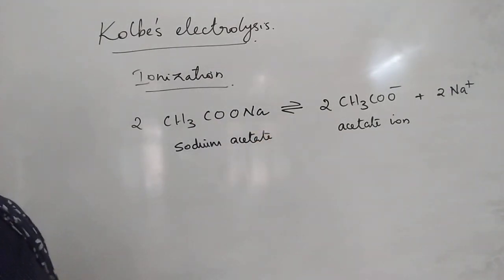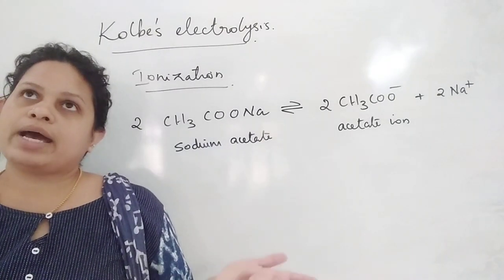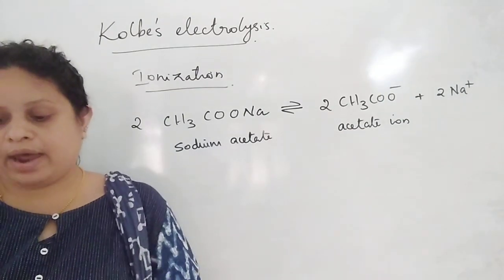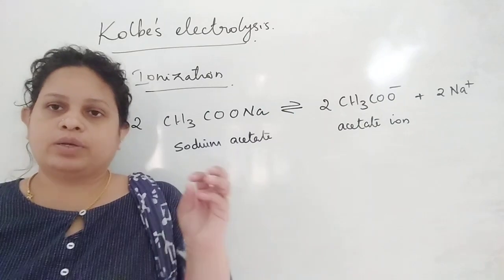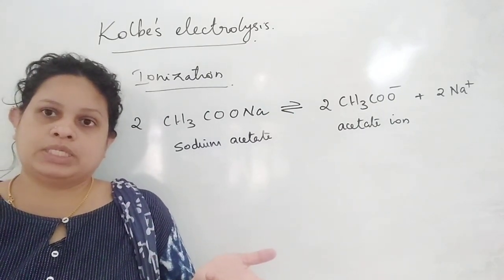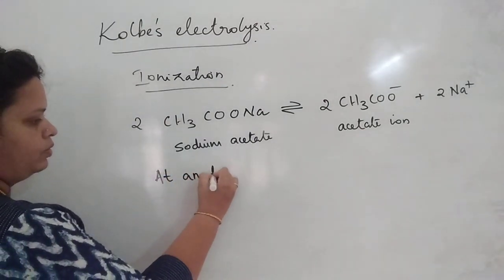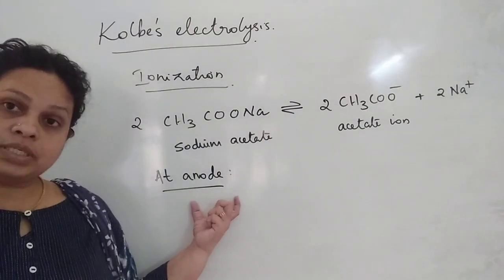Now the electrolysis takes place. Electrolysis means you have an anode and a cathode. The anode is positively charged, and towards the anode the anions will be migrating. So we will see what happens at the anode.